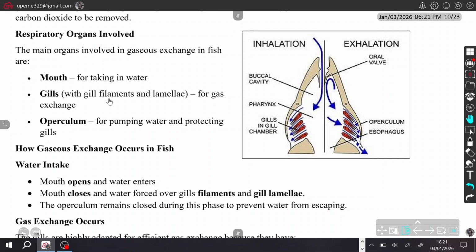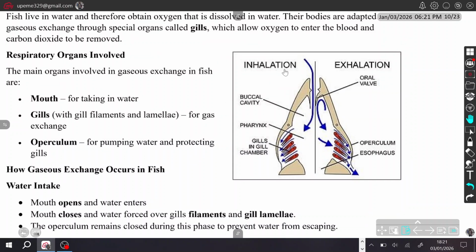Gills, with gill filaments and lamella for gaseous exchange. 3. Operculum, for pumping water and protecting the gills. So these are the major organs. When we come here, this is what happens. We have inhalation and exhalation, which is inspiration and expiration.